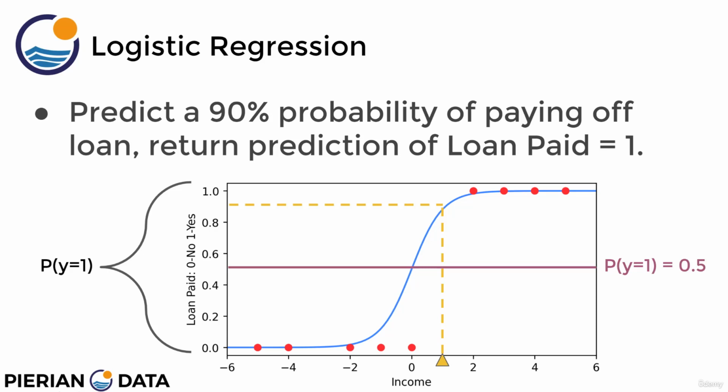And since my cutoff is 0.5, I'm going to say anything that's greater than or equal to 0.5 is going to be pushed up to return a 1. So I'm saying I predict this person will pay off their loan, so I'll say loan paid off of 1. And later on, if I want to say how strong my conviction is of that prediction, I'll say that I'm 90% sure this will be the outcome.